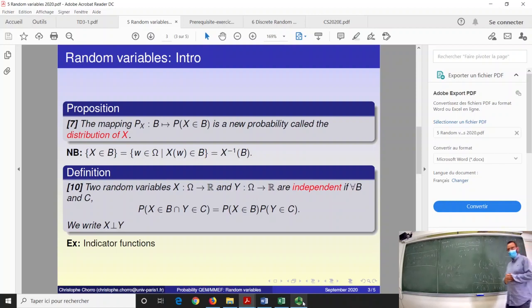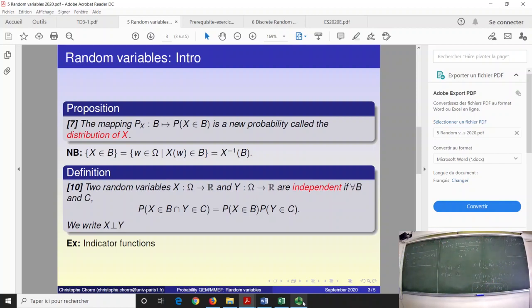Preimage of a complementary set is equal to the complementary set of the preimage, and so on. The preimage of the universe is the universe. Preimage of empty set is empty set. And I repeat that, in general, it's what we see at the very beginning of a course of analysis, in the first years. If you are not okay, you try to prove, you will see that the proof is obvious and just comes from the definition of the preimages.